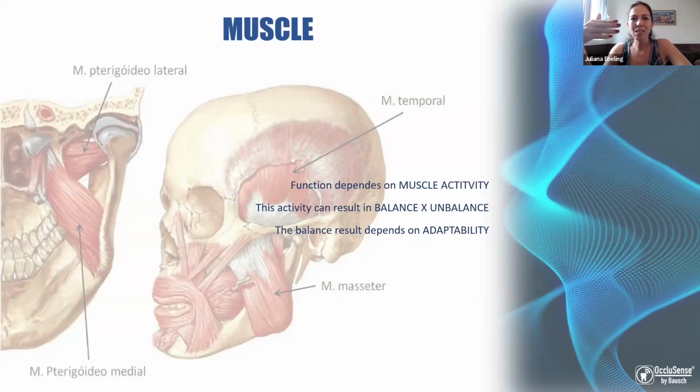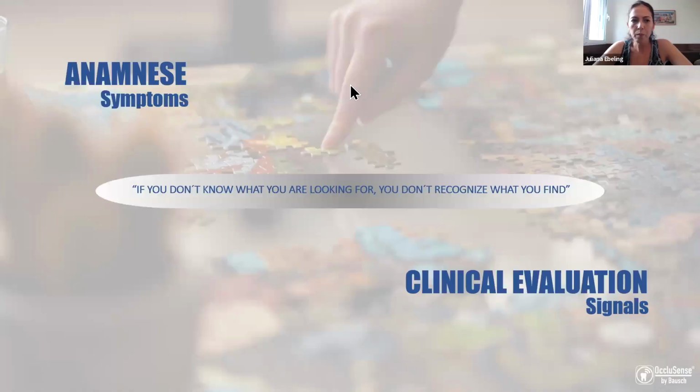We need to understand how this system is working, whether we have balance or not, and how adaptable this patient is to that situation. This makes our activity very complex because we need to understand each patient that comes to us. So for this reason, the anamnesis is very, very important.